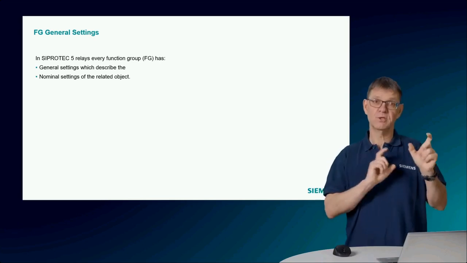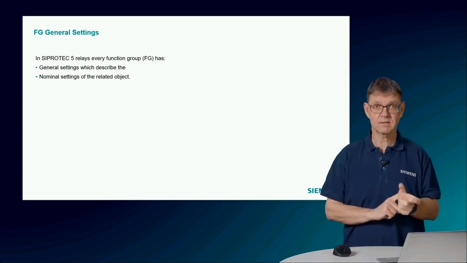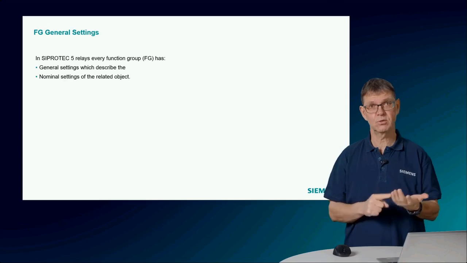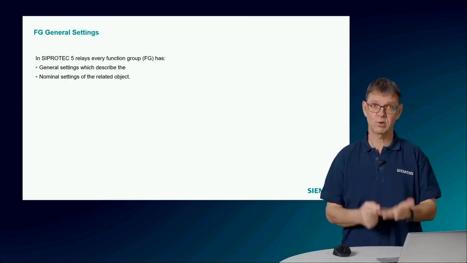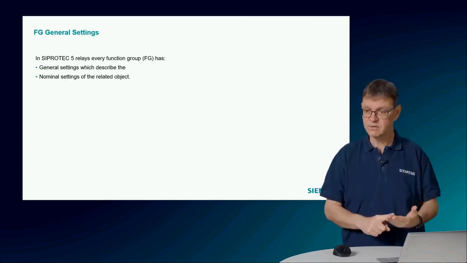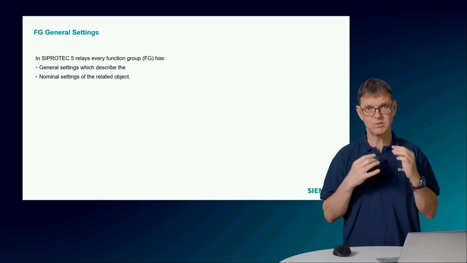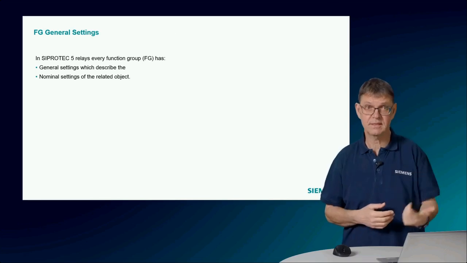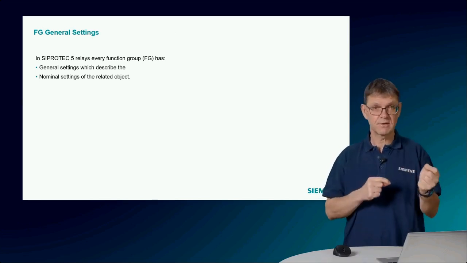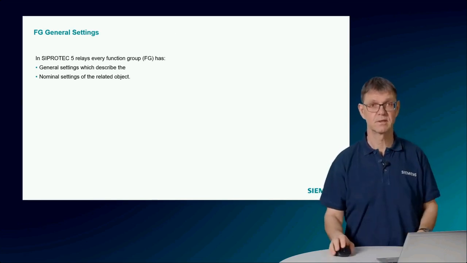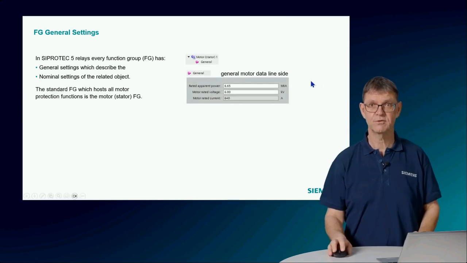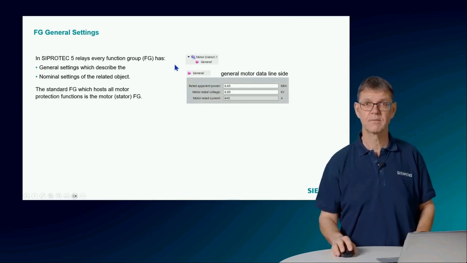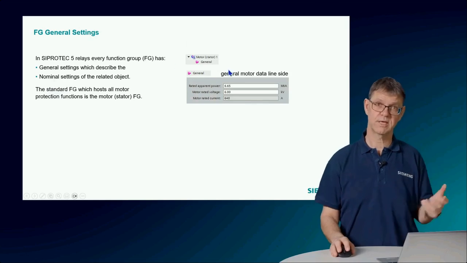Okay, so each function group has some general settings that describe these objects, and this is normally the nominal current and the nominal voltage. So we set this in the function group because sometimes we refer to these settings as a percent value, and this is then the reference. So we see that here we have a function group motor or motor stator.